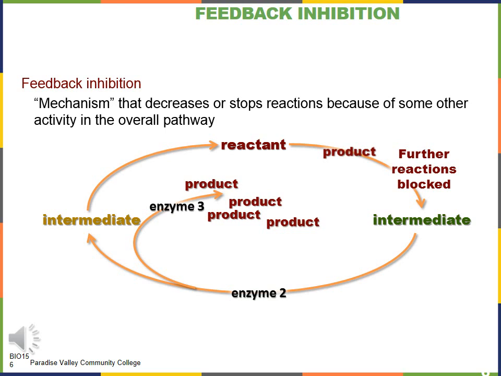At the end, you'll either have products, or you will continue on in the cyclical path. Your substrates will go on to do this again and again and again. And hopefully you will have an end product by going from enzyme 2 to enzyme 3, having those products in the middle.